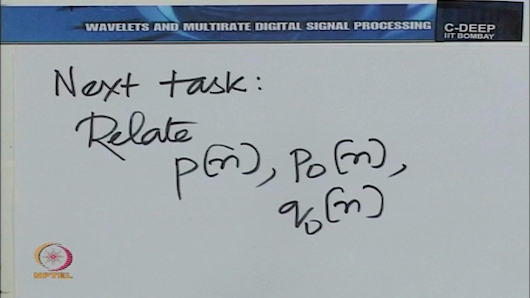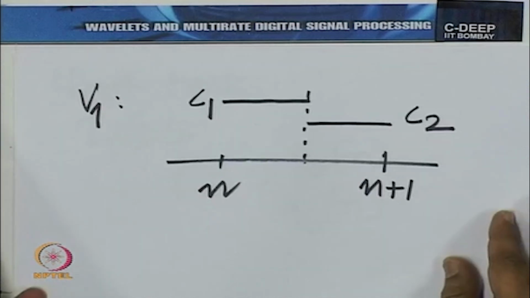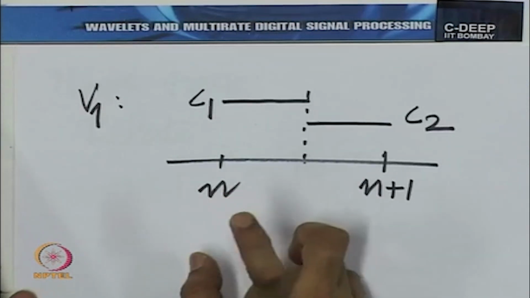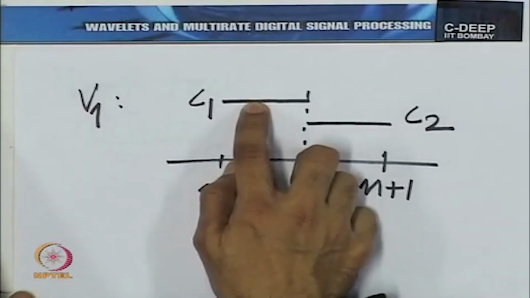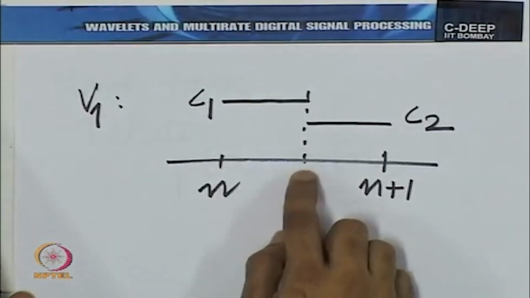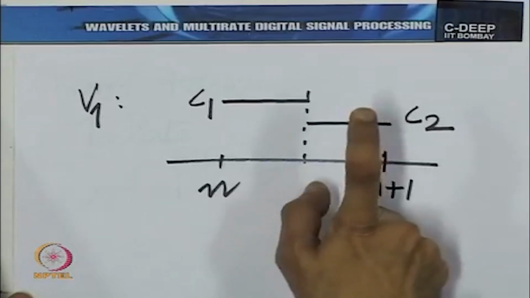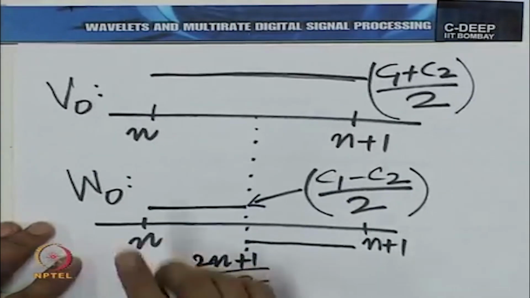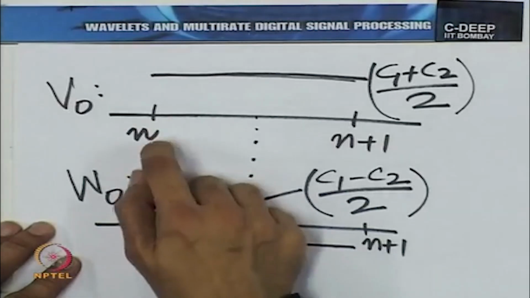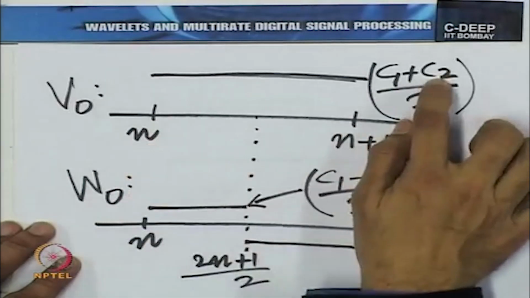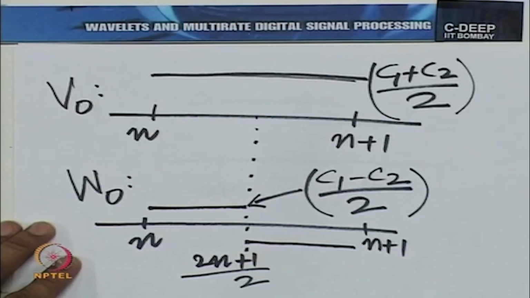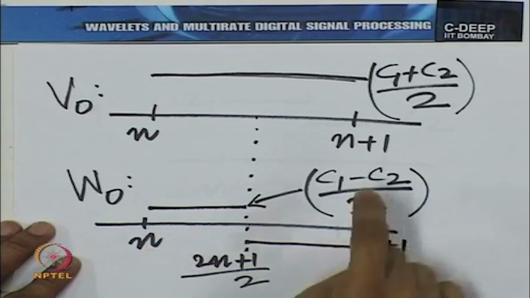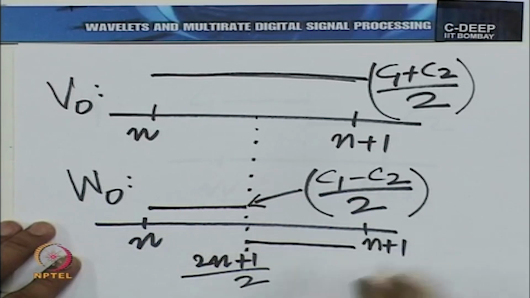So, we have the answer here. You see, P at the value 2 n is C 1, P at the value 2 n plus 1 is C 2, P 0 at the point n is C 1 plus C 2 by 2, Q 0 at the point n is C 1 minus C 2 by 2.